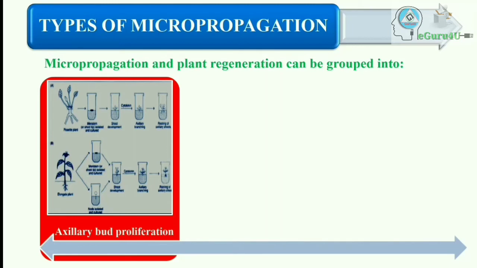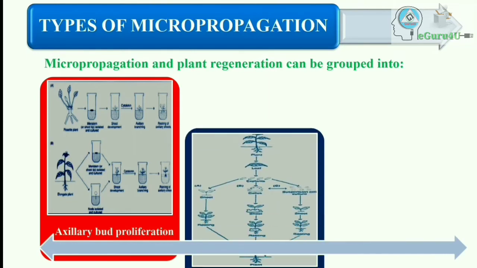Now, with the help of cytokinin, axillary branching is developed, followed by rooting of axillary shoots. From an elongated plant, meristem or nodal portion is isolated and cultured in artificial media, then shoot is induced. Now with the help of cytokinin, axillary branching is developed, followed by rooting of axillary shoots.